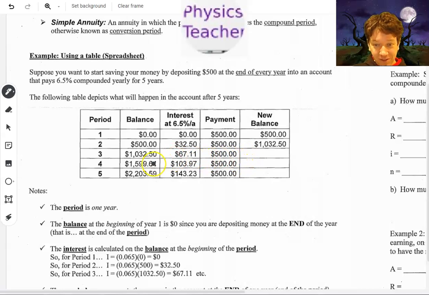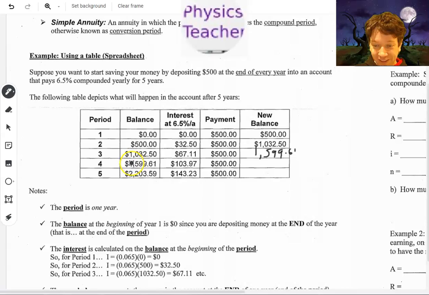If we continue, at the end of the next year, this is what we have. Calculate the interest on that at $67.11. Then we're going to put in another $500, which would give us $1,599.61. Then we repeat.